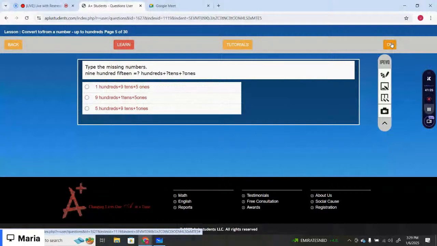Type the missing number. 915. So which is the correct option?